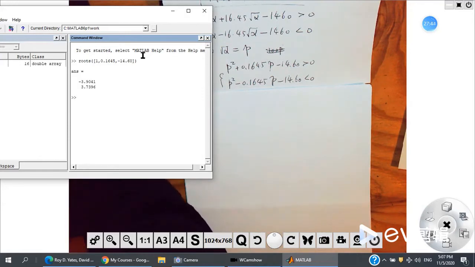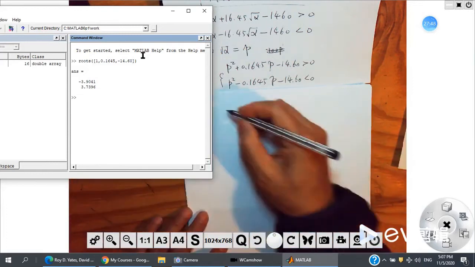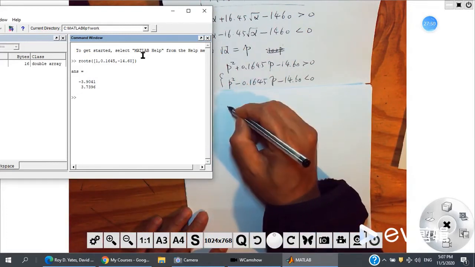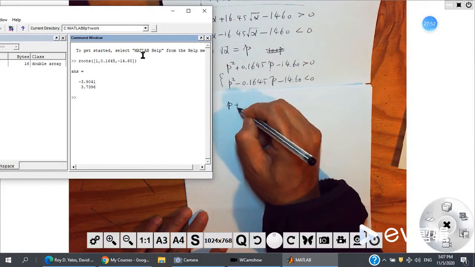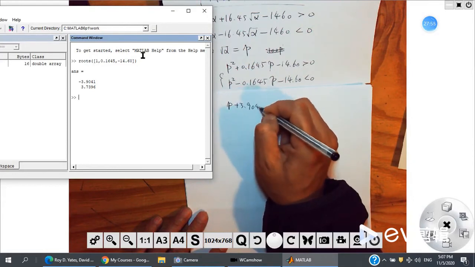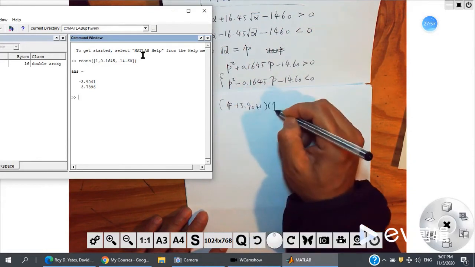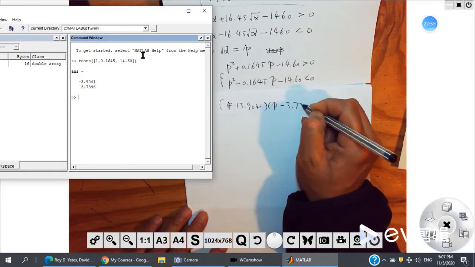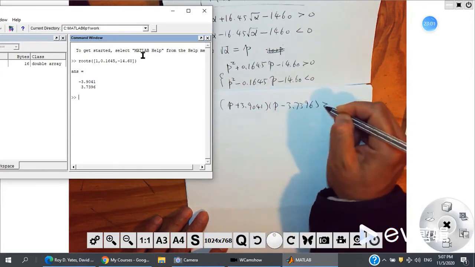Then we have the result. The first part I can write as P plus 3.9041 times P minus 3.7396 larger than 0. You got it?